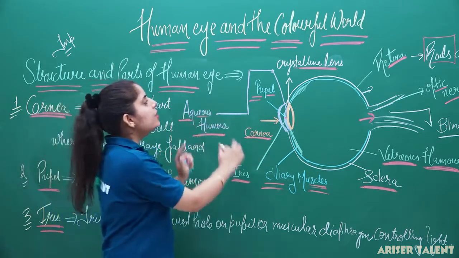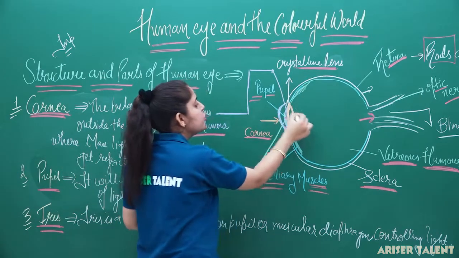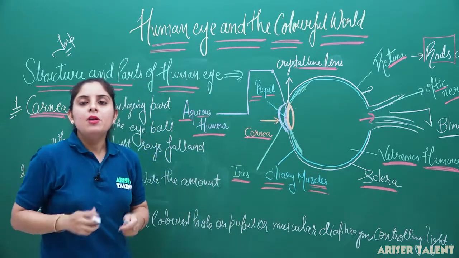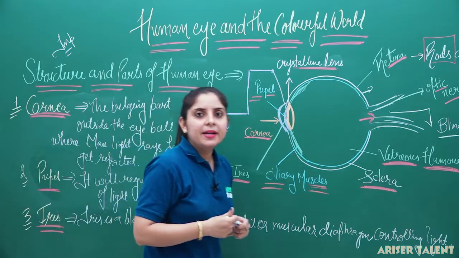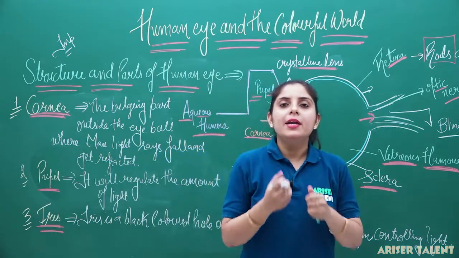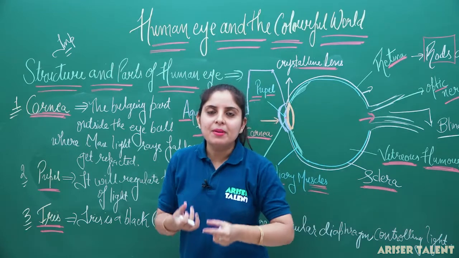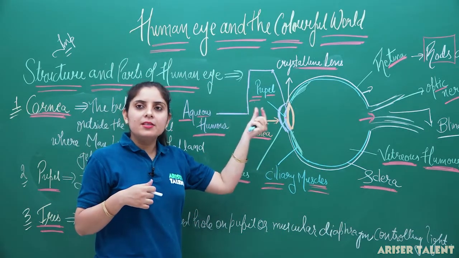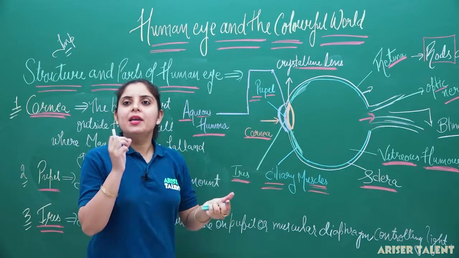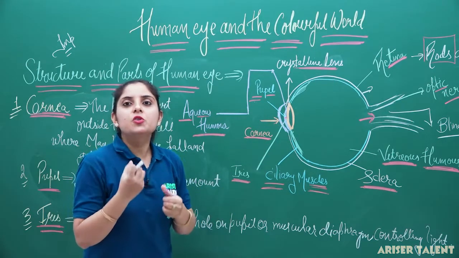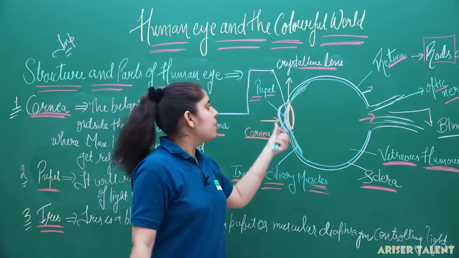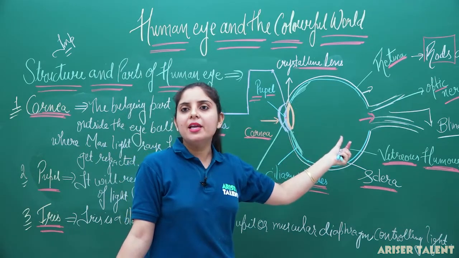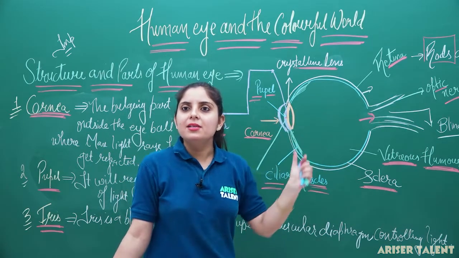Now, after this, the part which is situated here is the lens. The lens is actually a transparent substance, formed of a jelly-like material. And what lens do we have in the eye? We have a convex lens in the eye. So the refraction takes place through this lens, and it is going to form an image on a screen that is known as the retina.